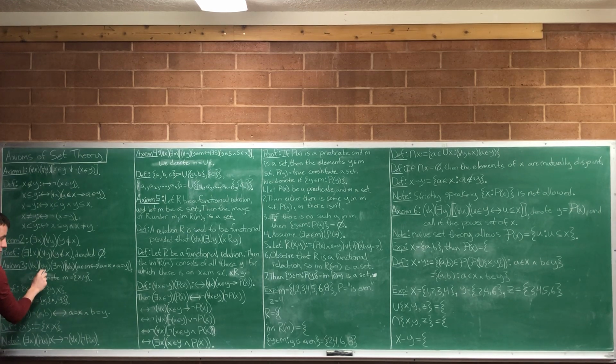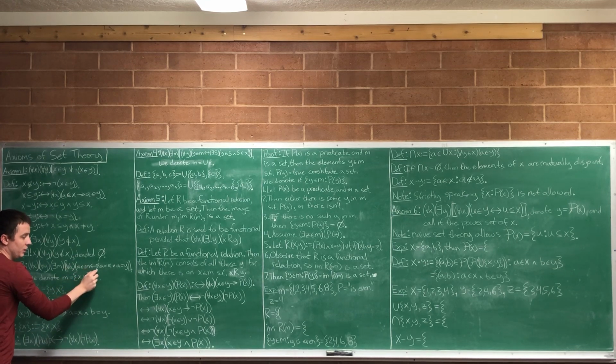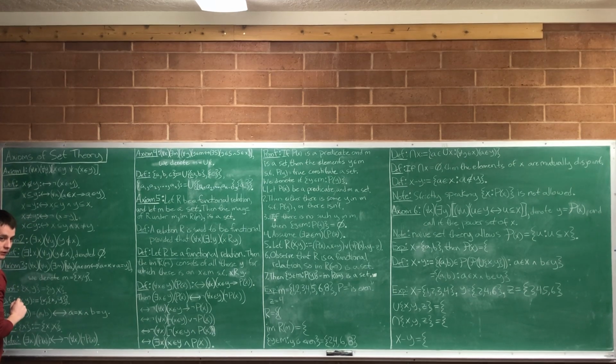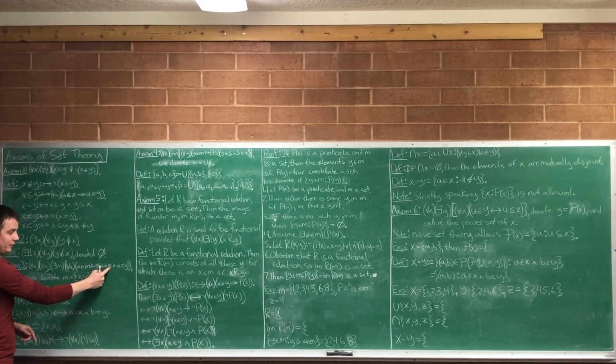For all x, for all y, there exists an m such that for all a, a is in m if and only if a is equal to x or a is equal to y. It's kind of dense, but once it clicks, it clicks. Should we say that one more time? Yeah. For all x, for all y, there exists some m such that for all a, a is in this set m if and only if a is equal to x or a is equal to y.